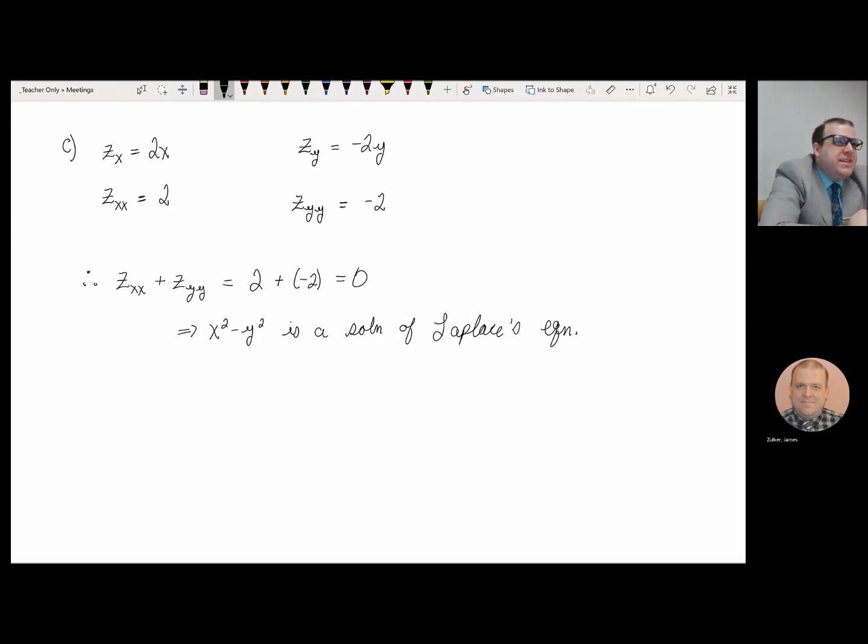So x squared minus y squared is a solution of Laplace's equation.